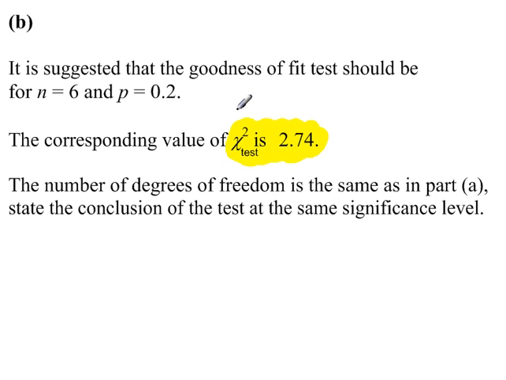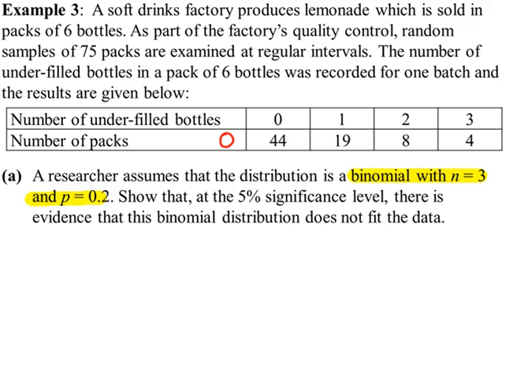So now we're going to repeat the test, but this time we're going to use a binomial distribution with 6 trials and a probability of 0.2. So we're using 6 this time. Remember that there are packs of 6 bottles, so this looks like a better value than n equals 3 that we were using before.